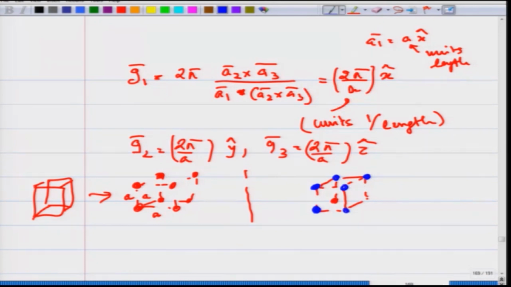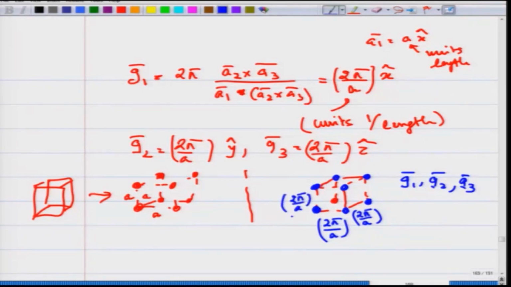So, corresponding to this crystal with real space, you can also generate equivalently another set of points which is governed by G1, G2, G3, as given here, which also happens to be a square lattice, but now the lattice constants here are 2 pi by a. Rather than units of length, they are units of inverse of length.